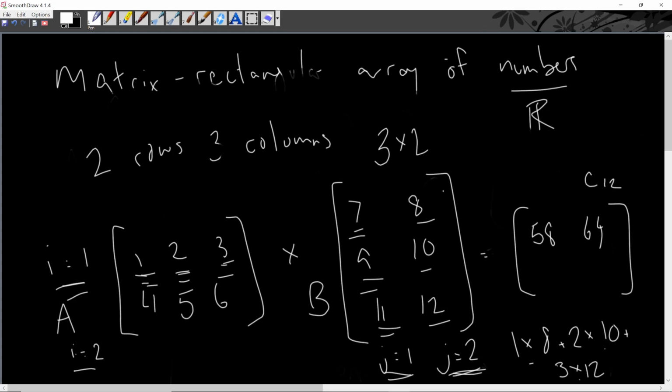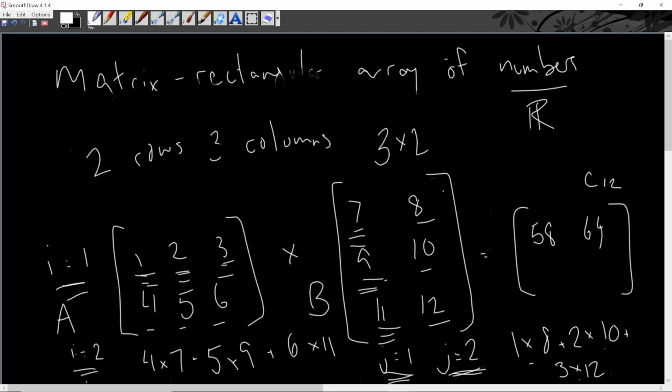And then let's do the ith row of 2 and the jth column of 1. So we're going to have 4, 5, 6 times 7, 9, 11. So we're going to have 4 times 7 plus 5 times 9 plus 6 times 11.